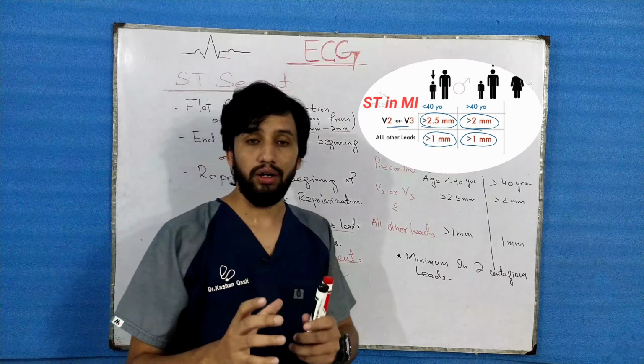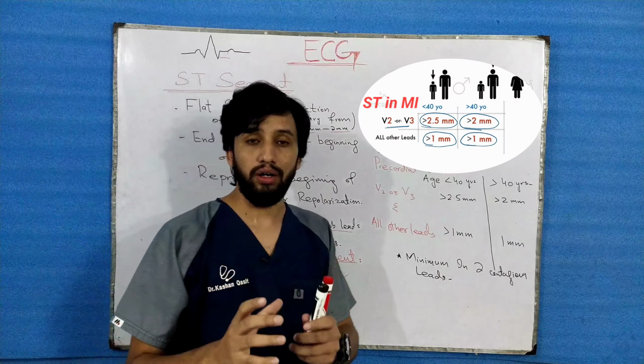So don't confuse ST segment elevation in myocardial infarction, which is MI, with all these conditions in which there is also ST segment elevation. These are all the causes for ST segment elevation. We will now discuss number 1, which is electrolyte imbalance.